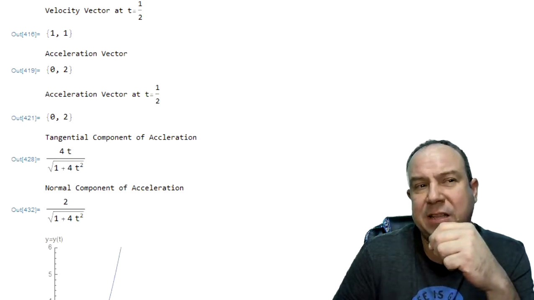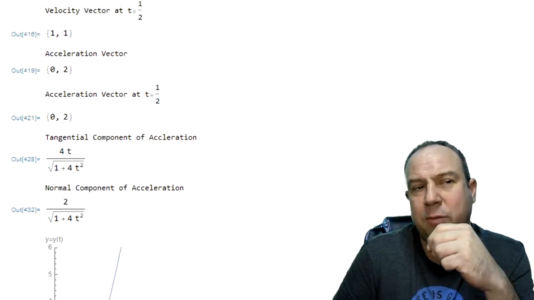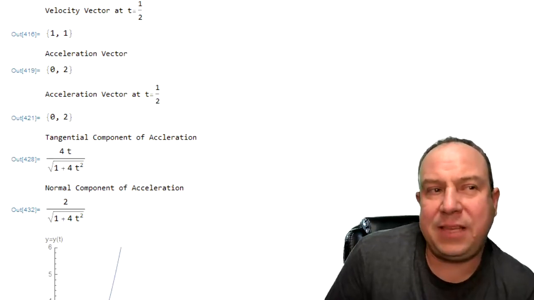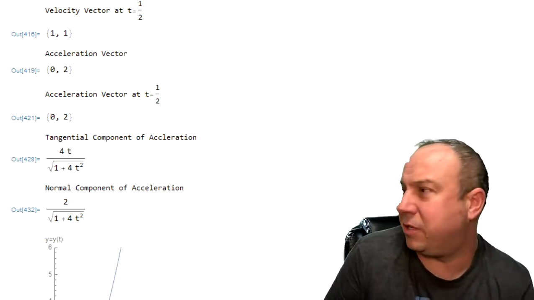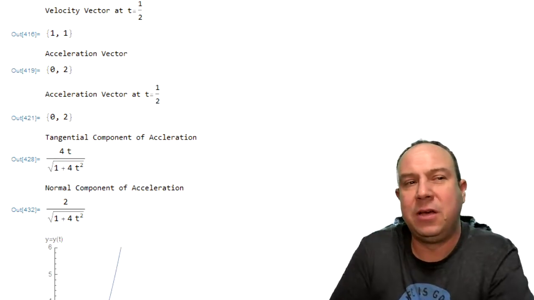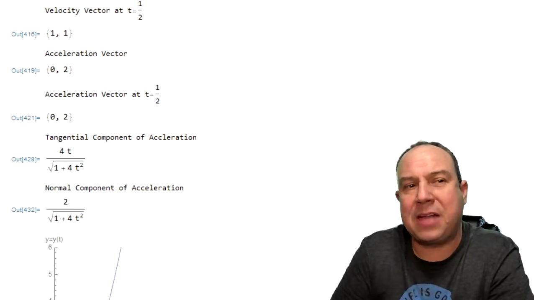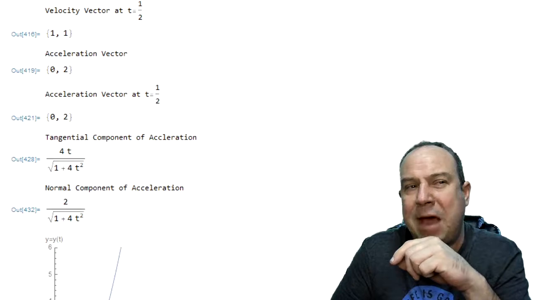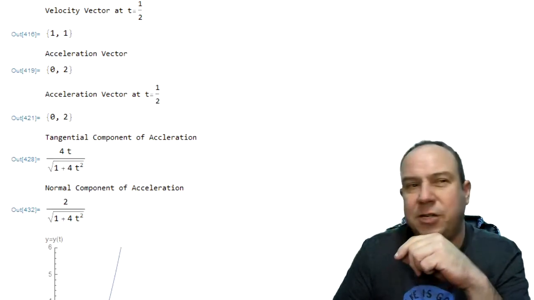And that is what we're looking at to do with these, and you can almost see it in the image already here. This is our normal direction, our unit normal vector. We're going to scale that by the normal component of acceleration, right? It's going to make it grow out to a certain size to match up with the amount of our acceleration vector that is moving in this normal direction.